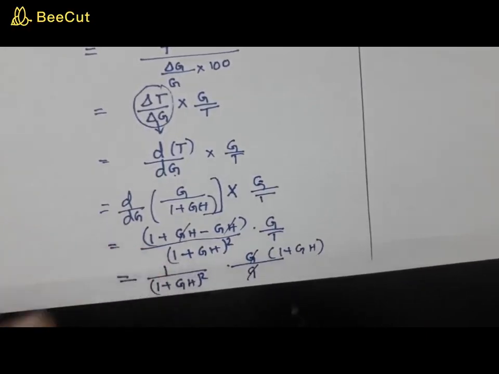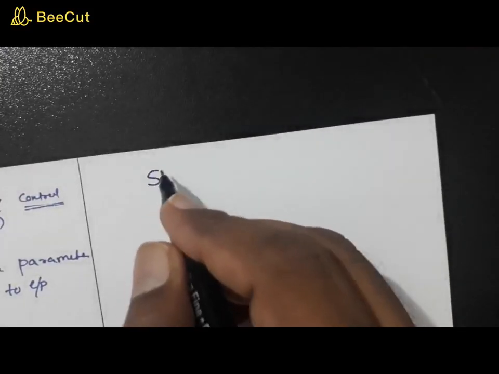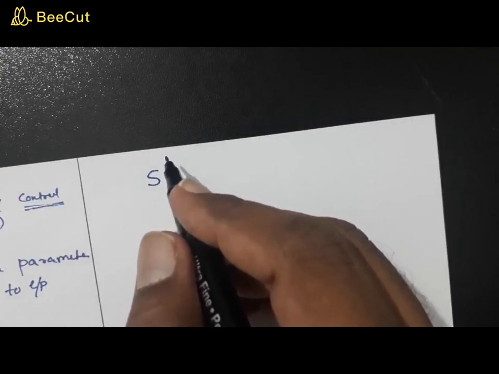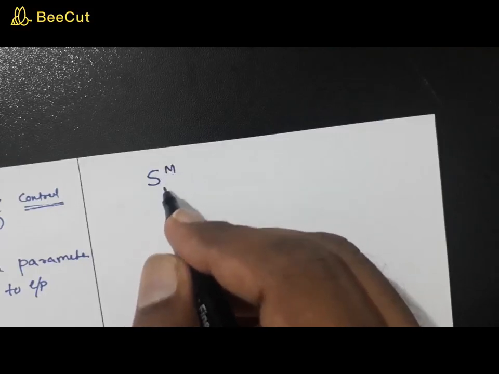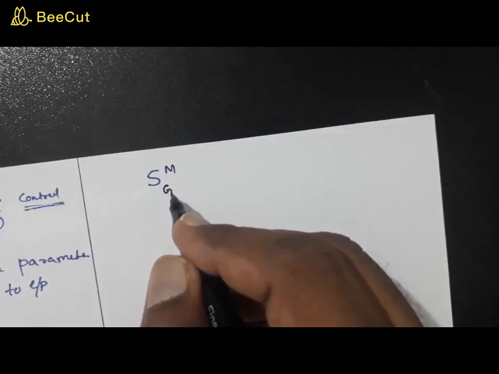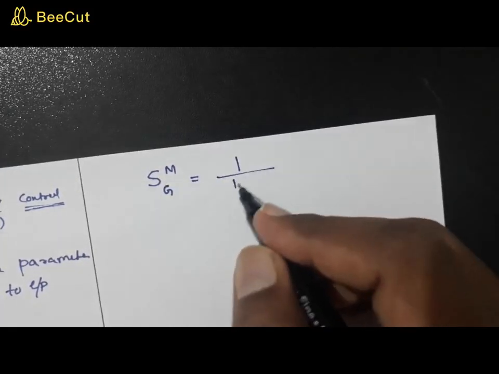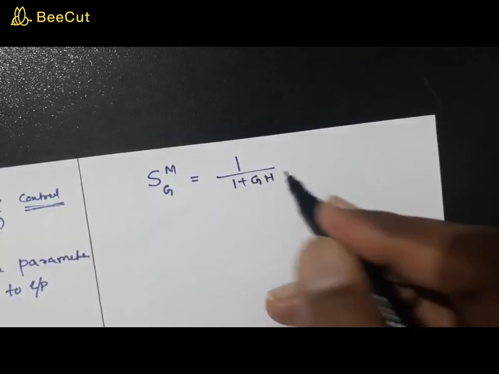And this G and G gets cancelled, this 1 plus GH gets cancelled, so that your sensitivity of the gain of the overall transfer function, that is S_M to G, is given as 1 by 1 plus GH, right?